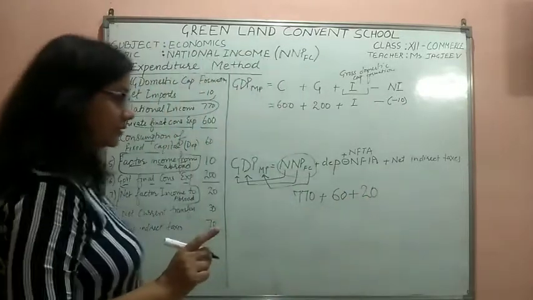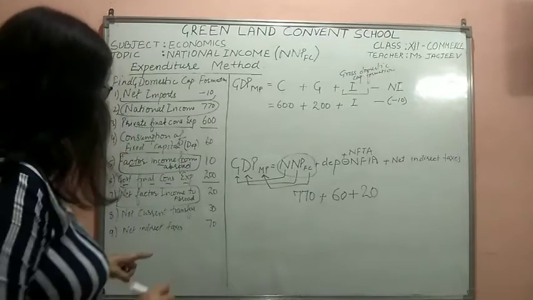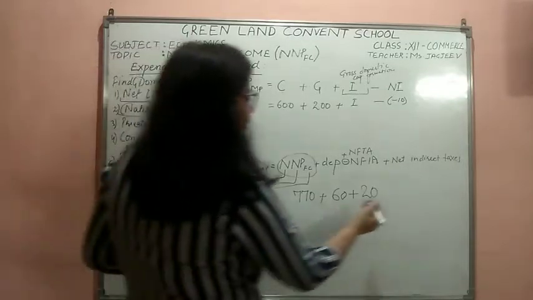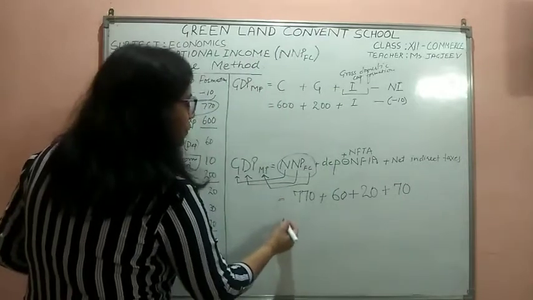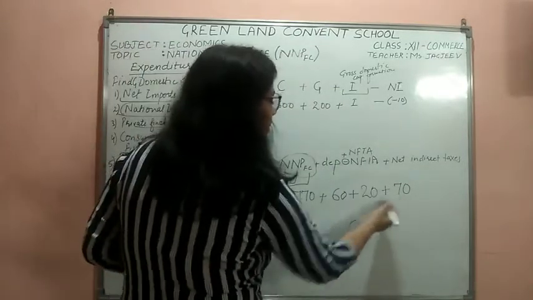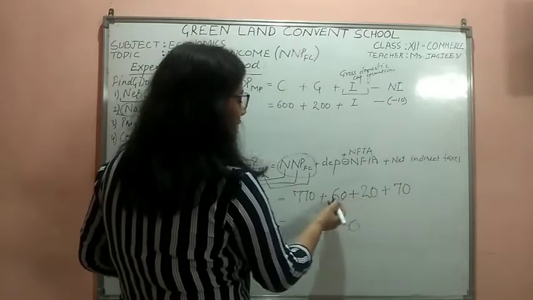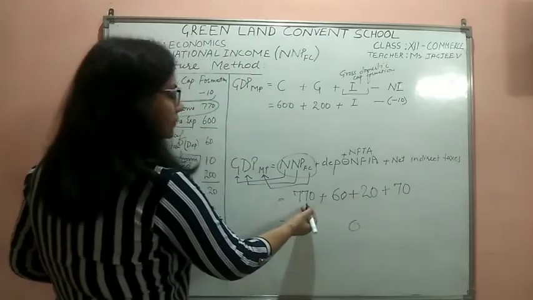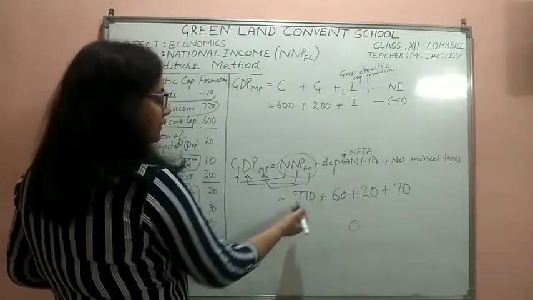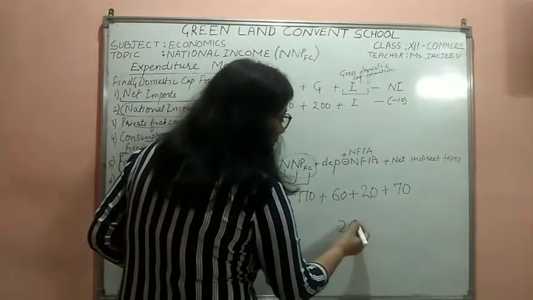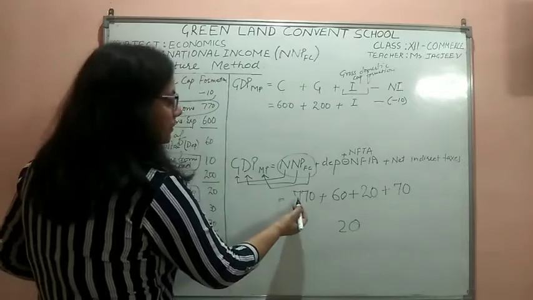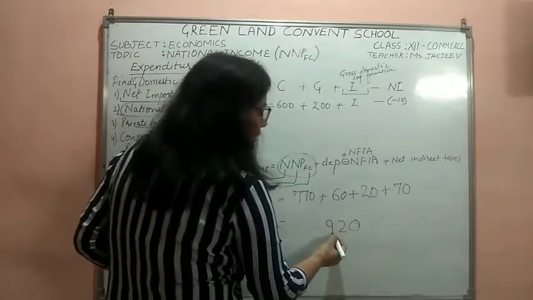Not taking factor income. After that, net indirect taxes. Here we have net indirect taxes, which come out to be 70. So adding up: 0, 7, 2, 9, 15, 15 and 7, 22. 2 carry, 7 and 2, 9, 20.